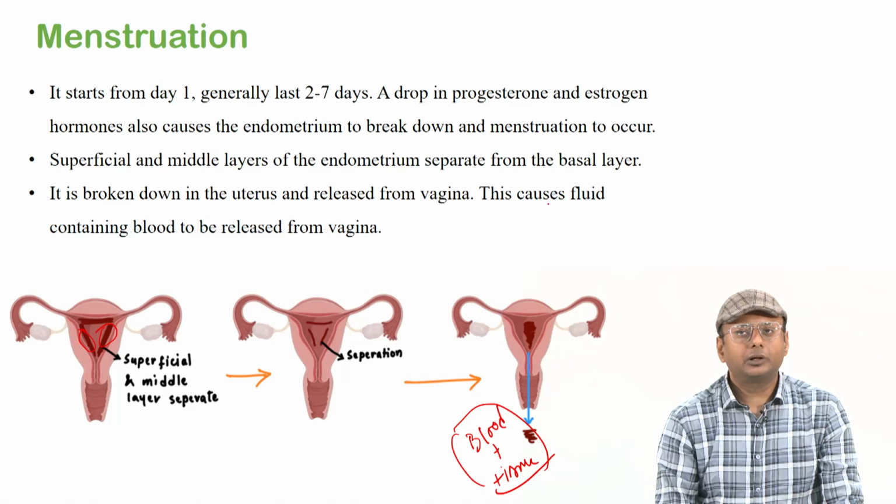This is called menstruation when fertilization does not occur, and the female will experience about the initial 2 to 7 days of menstruation or heavy bleeding, followed by the next phases of the menstruation cycle initiating.